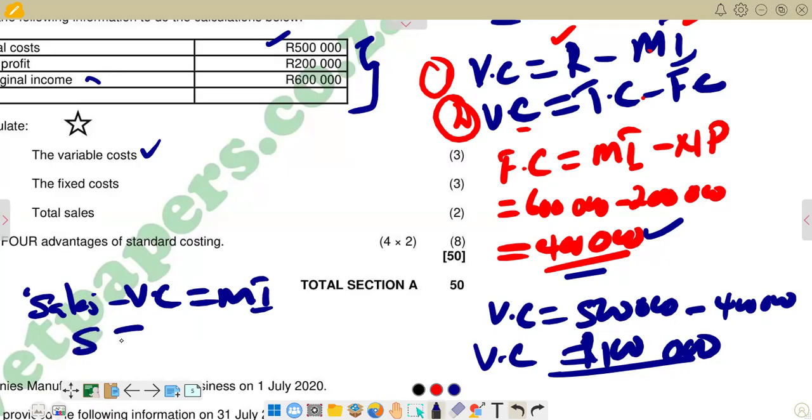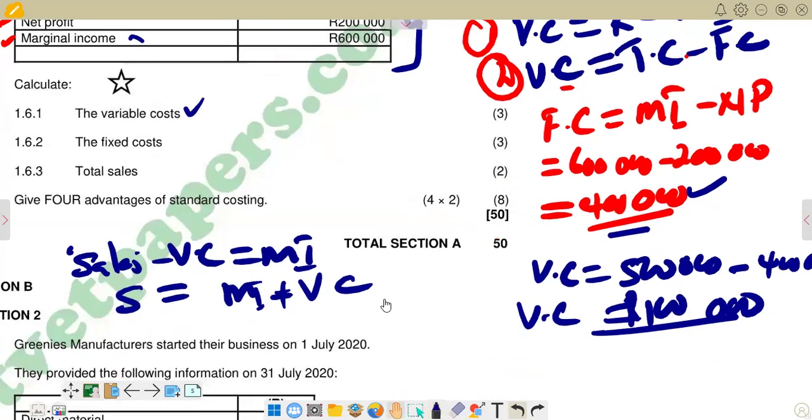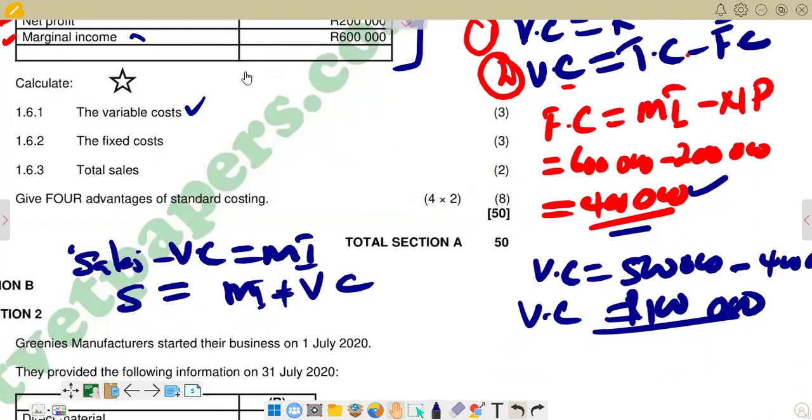If you make sales the subject of the formula, it becomes marginal income plus variable cost. If you take variable cost to the other side, it becomes positive. So the figure for marginal income, remember, it's 600,000 here.